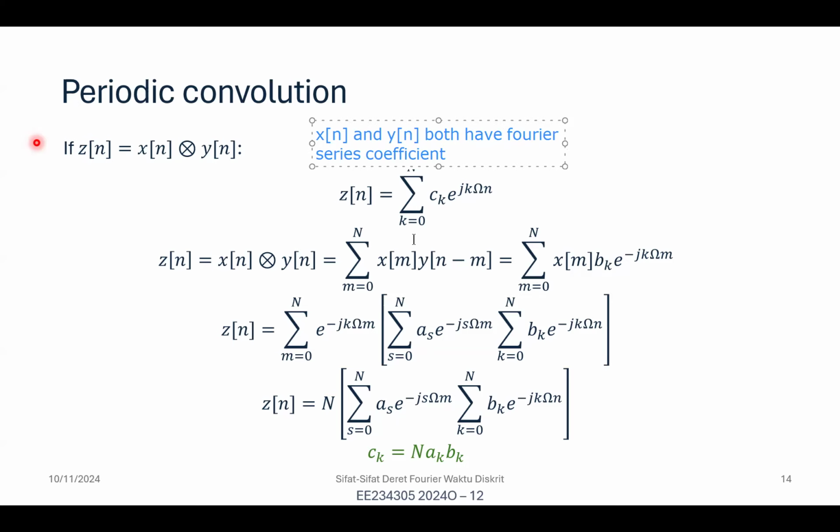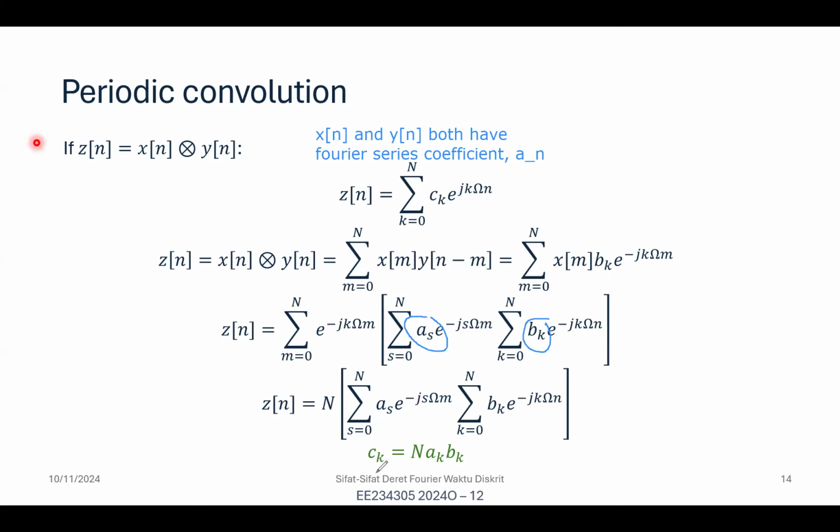The Fourier series coefficient of xn is ak, and of yn is bk, denoting two different time units.